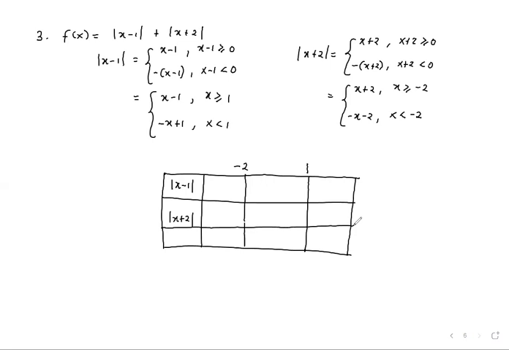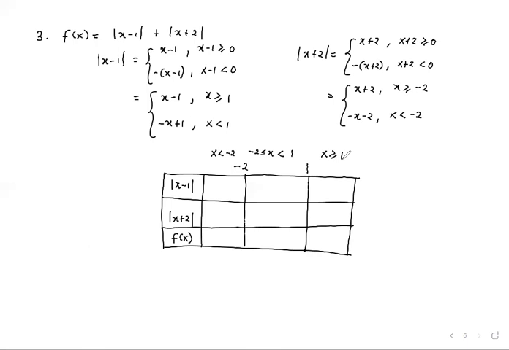And then you have the whole f of x in the last box. So this interval here is for x less than -2. The middle interval is for -2 less or equal to x, which is less than 1. This interval is x greater or equal to 1.